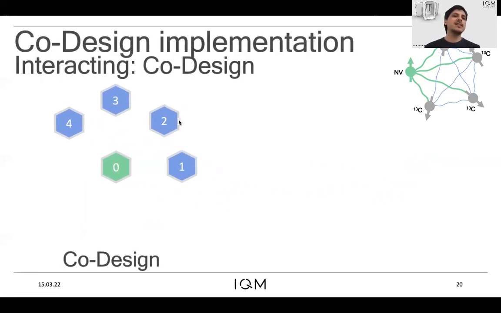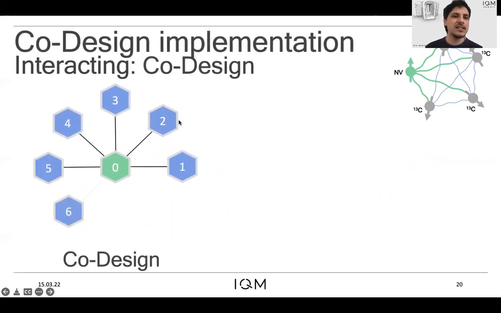So if we study this interacting case for our co-design chip, even though it's not meant to be optimal here because it's designed for the non-interacting case, we can still find that it outperforms the square grid in terms of the number of swaps.